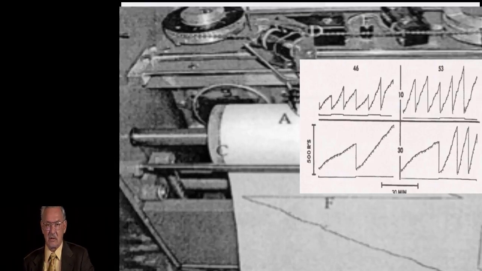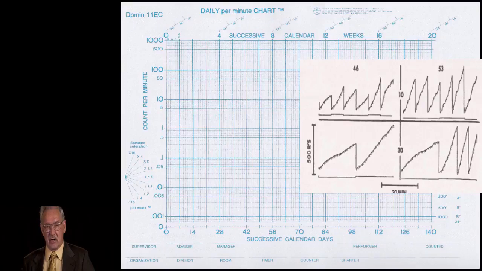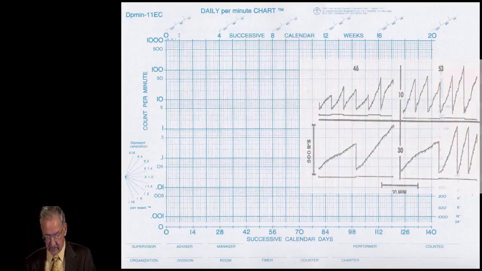With the cumulative recorder, Skinner was able to see the dynamic interaction of the organism with its environment through its behavior as it unfolded through time. And by that dynamic interaction and those pictures, he was able to discern some very important relationships and how behavior changes systematically as events in the environment occur and impact behavior.